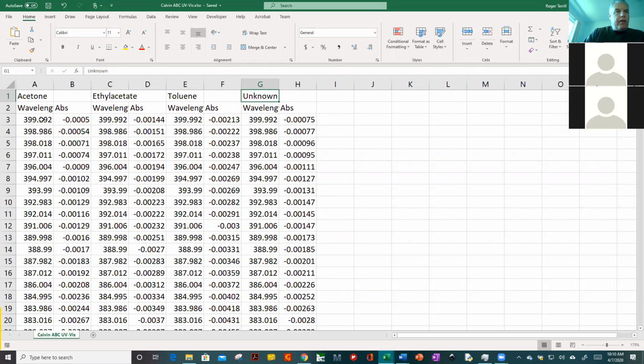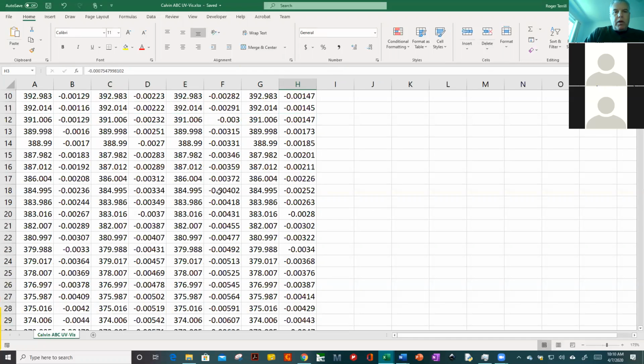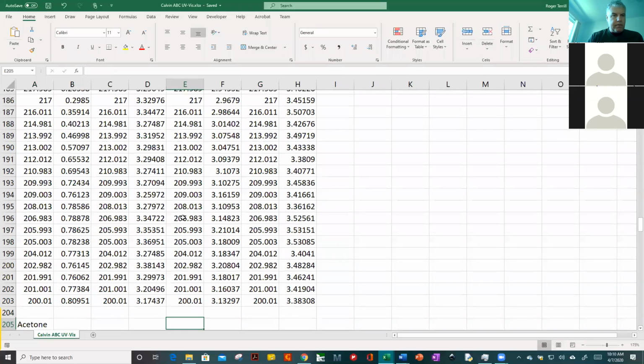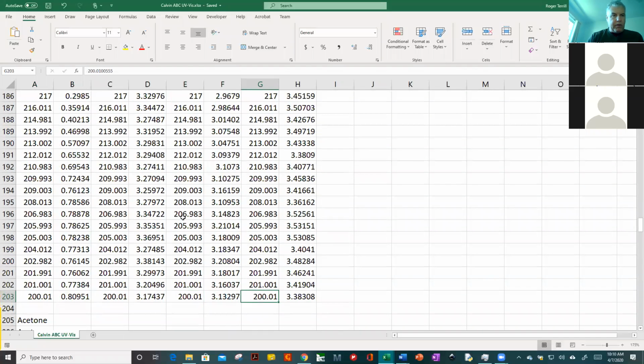Now we have a wavelength, absorbance, wavelength, absorbance, wavelength, absorbance, wavelength, and absorbance, right? We actually only need one wavelength column because these are all the same length and all of the wavelengths are identical.